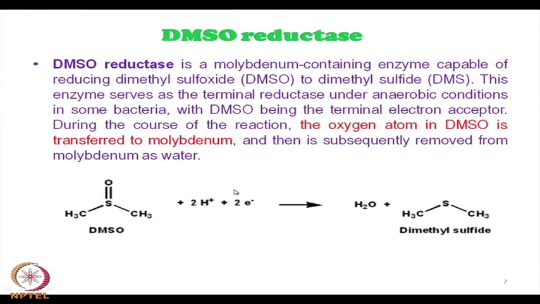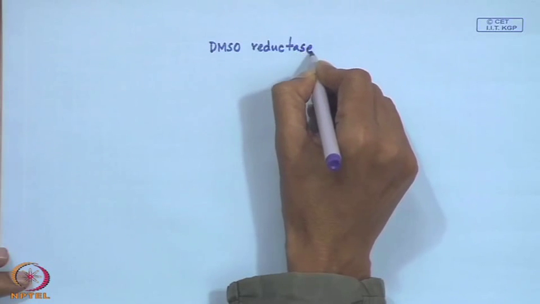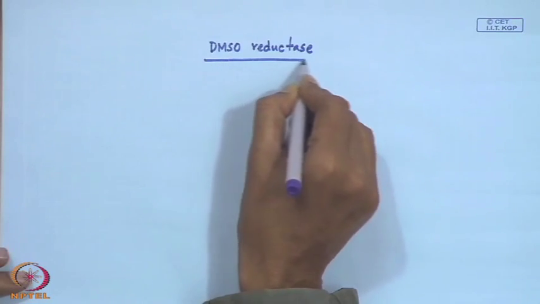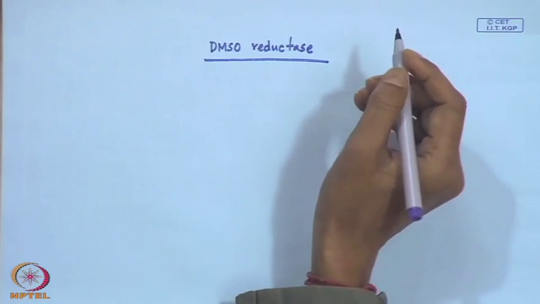So, the first one is your DMSO reductase. We have identified 3 families.